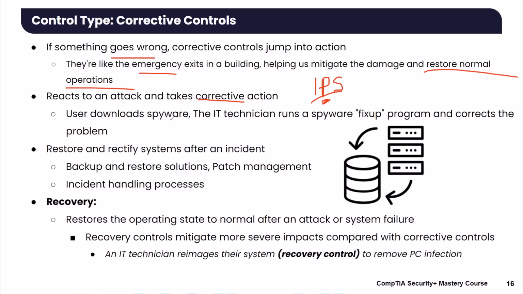So a user downloads spyware, the IT technician runs a spyware removal program to correct the problem. That's a corrective control right there. Humans are usually part of this corrective control. They're going in and fixing things. The idea again is to restore things to normal operations.